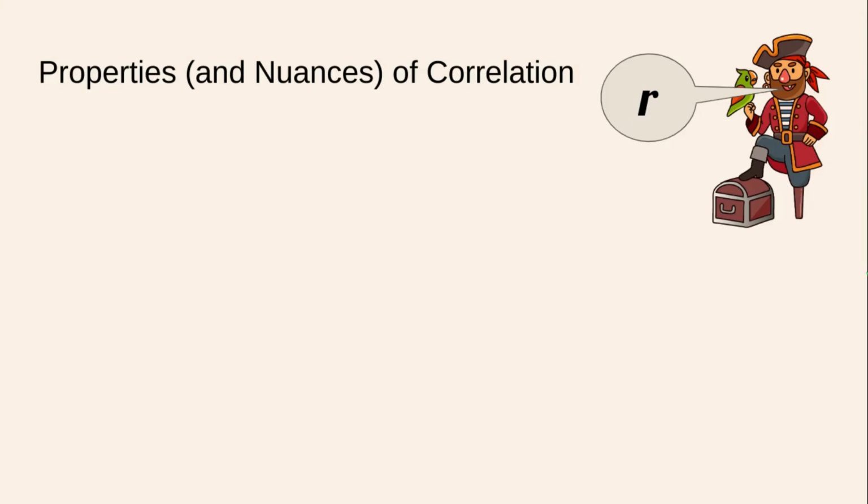So now that we've found a correlation coefficient, we're going to talk about properties and a couple of the fine details, a bit of nuance about correlation in general. R, the correlation coefficient, the numerical measurement for association, is between -1 and 1. -1 being perfect negative correlation, the data marching 1 by 1 down and to the right, and 1, perfect positive correlation, the data marching 1 by 1, a perfect straight line up and to the right.